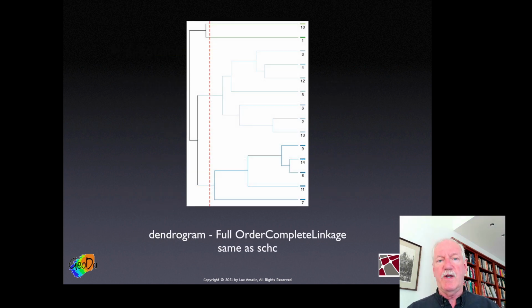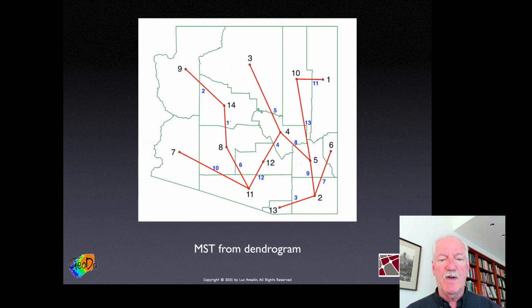And let me illustrate this again with our Arizona example. You may recognize this as the clustering dendrogram in spatially constrained hierarchical clustering. So first we put 8 and 14 together, then we tack 9 onto that, then we put 2 and 13 together, and so on as we move up in the graph in this direction. The minimum spanning tree that corresponds to this is given in this graph.